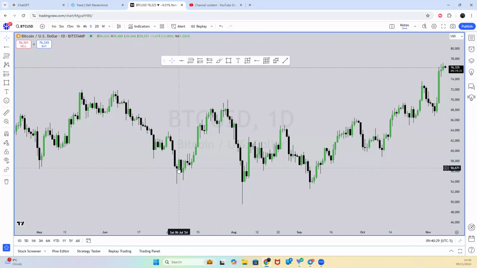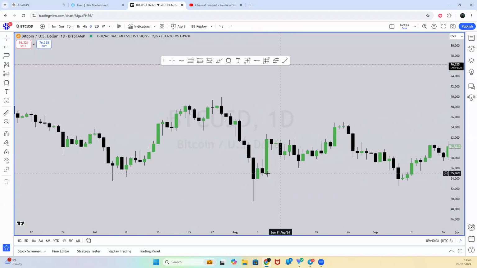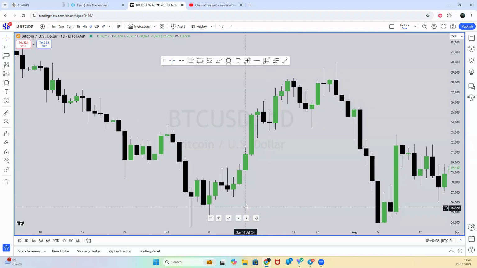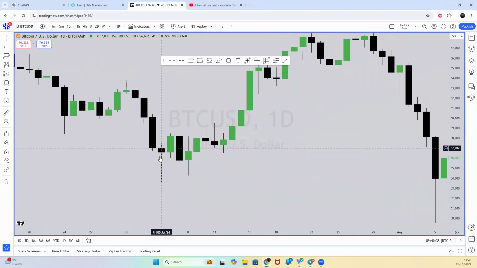So if we zoom into this candle, this is probably what's known as a pin bar or a hammer. I can never remember whether one of them's bullish and one of them's bearish. What we're seeing is it opens, then price goes all the way down here, then it rejects and closes near where it opened.